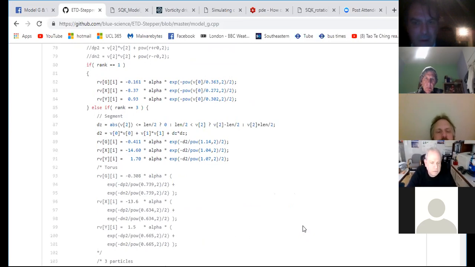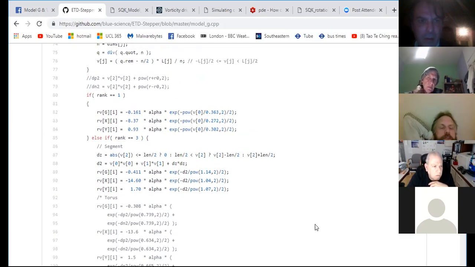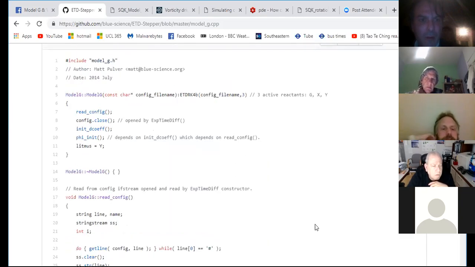Yeah, those out-commented things are the seed values to get the torus and to get 3 particles and so on. So these are the seed values to get different solutions. If you want to see the real differential equations, you have to go elsewhere in the code.